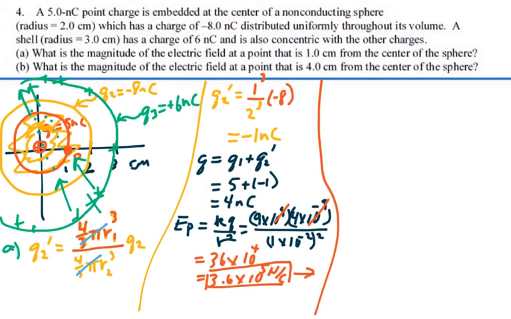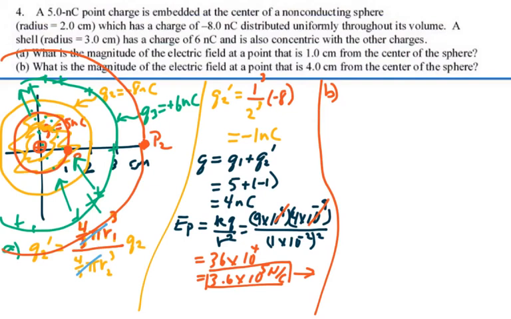Sounds good. Part B. What is the magnitude of the electric field at a point that is 4 centimeters from the center of the origin? So if we go out here to 4 centimeters, this point right here, let's call it P2. Now, that point, if we were to construct a Gaussian surface here, all the charge in question is inside that Gaussian surface and contributing to a net flux through that surface.